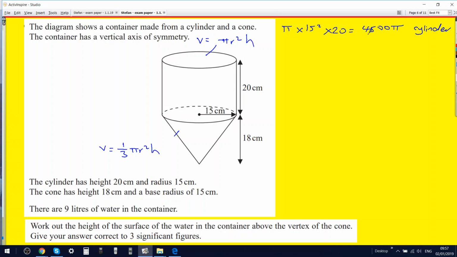I think it's 1,350 pi. Yep. And then if I add them together, So yeah, I'm sorry. Now we're told you have 9 liters. So how many liters would be the cone?